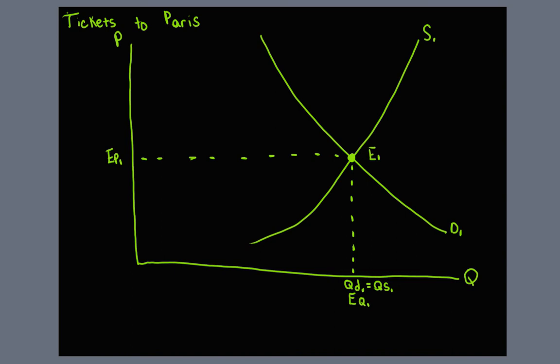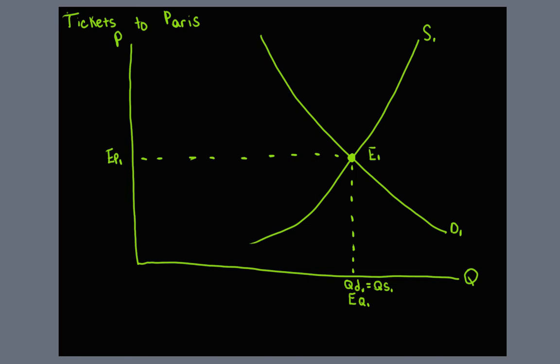So now this problem says that when school starts, in September, when the school vacation is over, we have the price fall because people go back to school, and so the demand for flights to Paris decreases. So we have a new demand curve that is lower than our original demand curve. It shifts to the left.